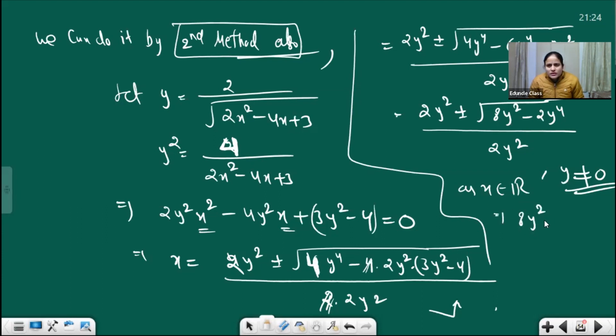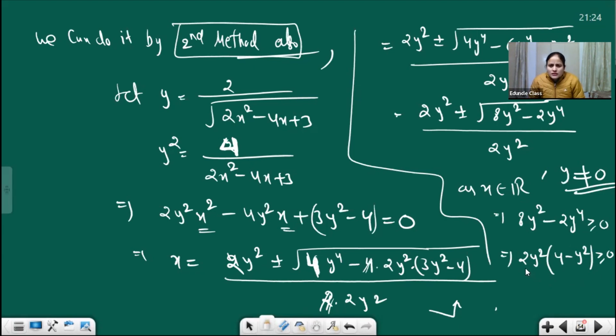That means 8y square minus 2y raised to 4 should be greater than or equal to 0. So I am taking here 8, not 8y. I cannot take 8y outside. I can take 4y square outside. Then I'll have here 4 minus y square is greater than or equal to 0.